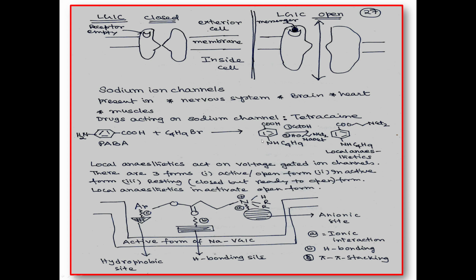Now, when it undergoes reaction with ethanol, esterification happens, and OEt is a better leaving group than OH. So the carboxylic acid gets converted into the ester.